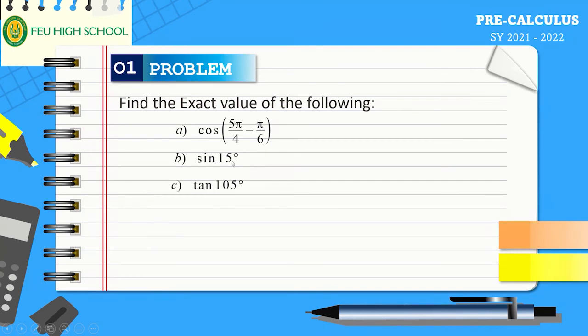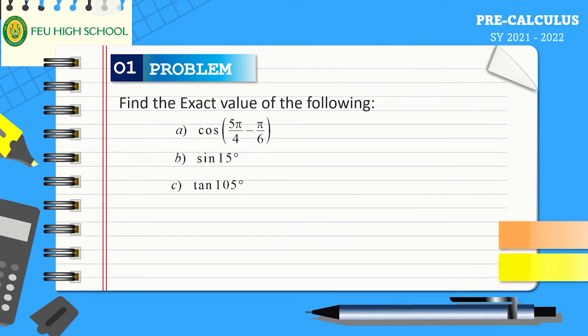So ginagawa natin, either gagamitin natin yung sum and difference, half identity, and or even double identity para yung mga angle measurement na mabibigay sa atin nandun sa unit circle. So please pause this video and go back here kung meron na kayong nagawa, and verify if tama ba yung nagawa ninyo.